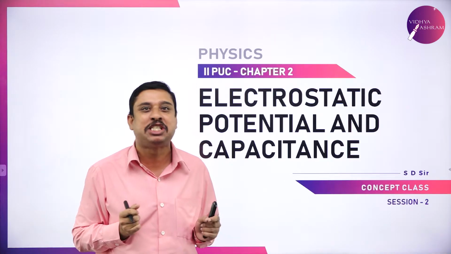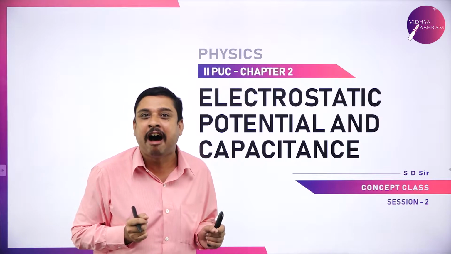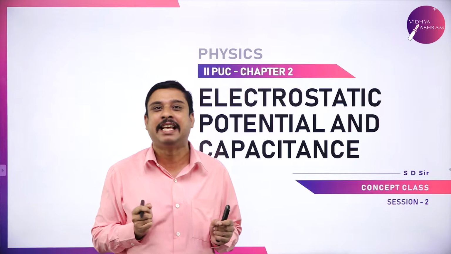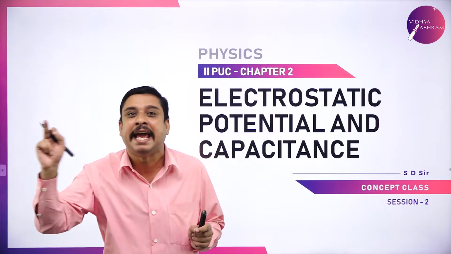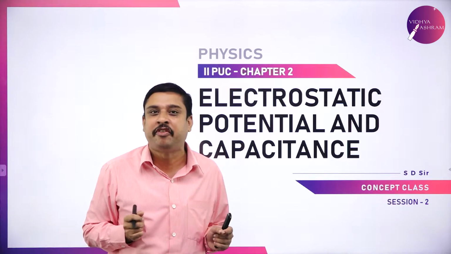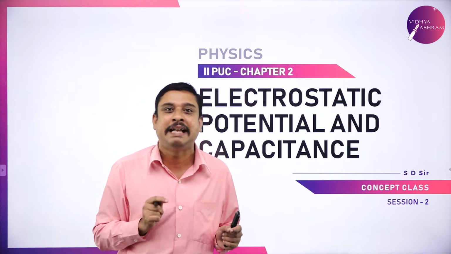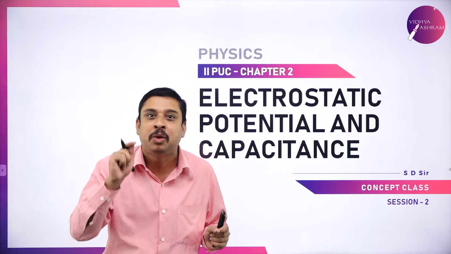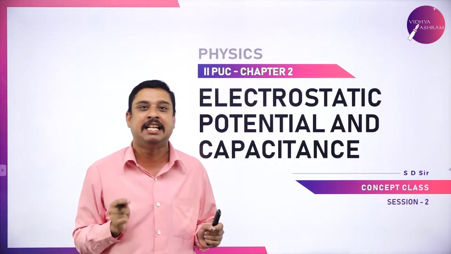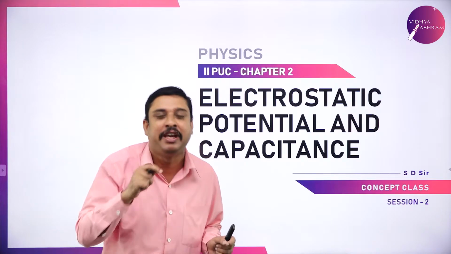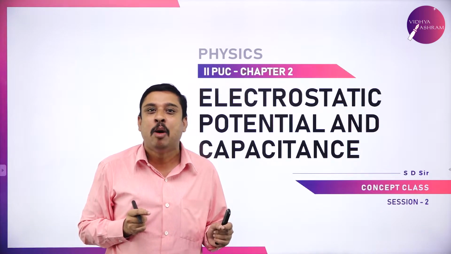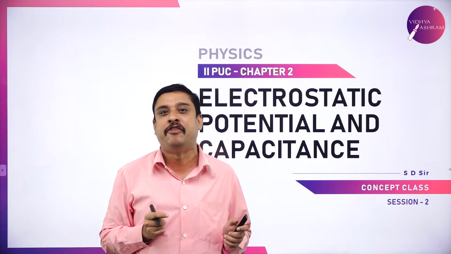Two considerations we had: the charge is moved with zero acceleration against the direction of the field, and the work done to move the charge from one point to another within the field was called electric potential difference.